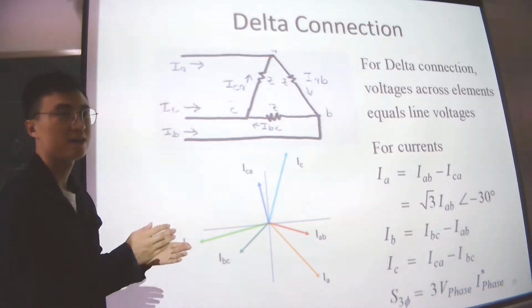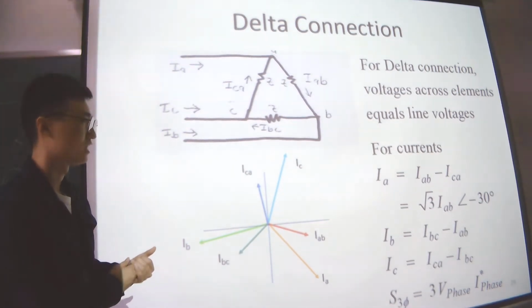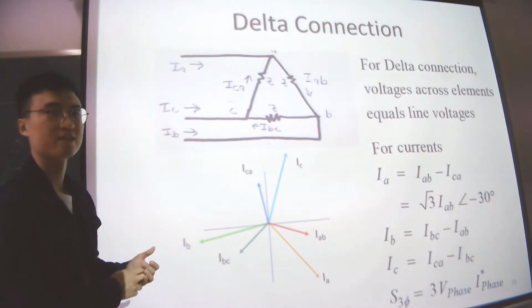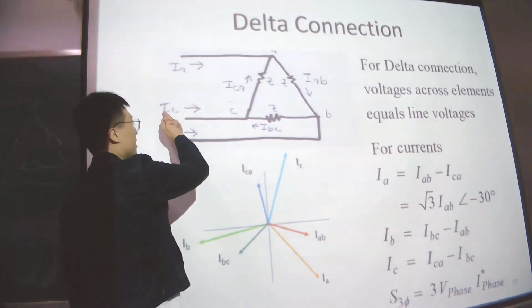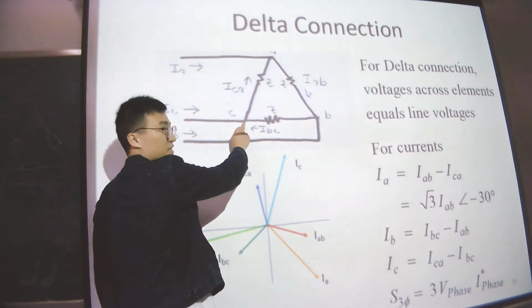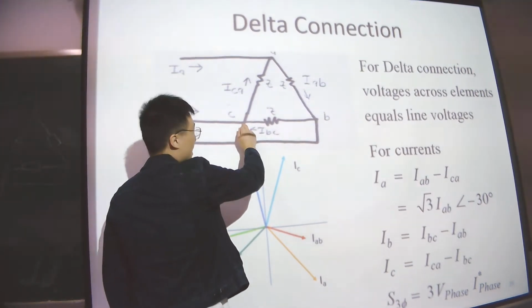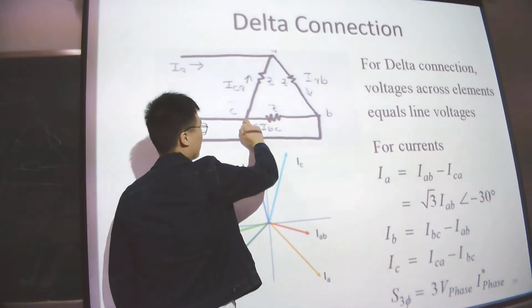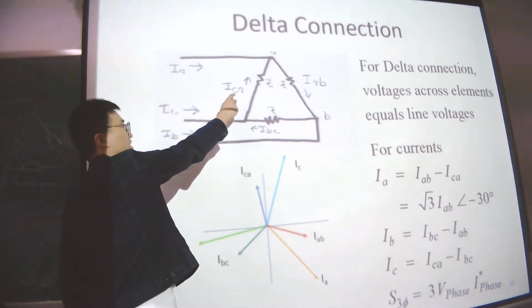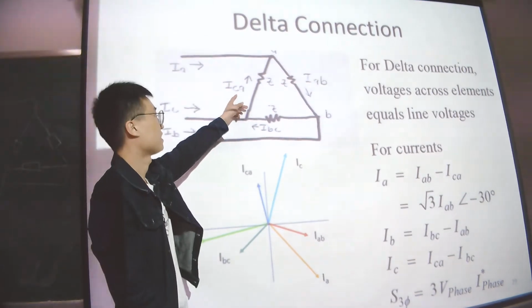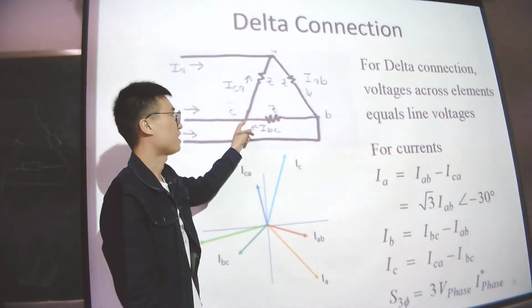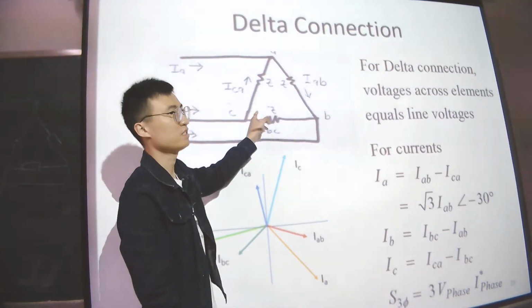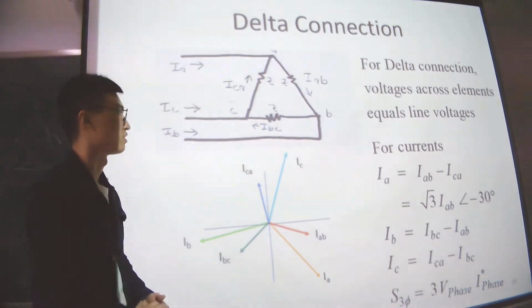The line voltage is equal to the phase voltage. But for the line current, we can see that the phase current from C to A, summed with the phase current from B to C, gives the line current.